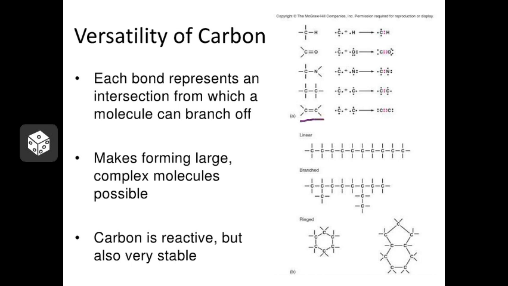Here we have some molecules that have double bonds between their carbons. Here's a really long chain of carbons all linked together. Here we have a chain that branches made of carbons. And here we even have some structures made of rings of carbon. So again, carbon is really, really versatile because it can make those 4 bonds. And because of that, you can make lots of different molecules with lots of different shapes out of carbon.